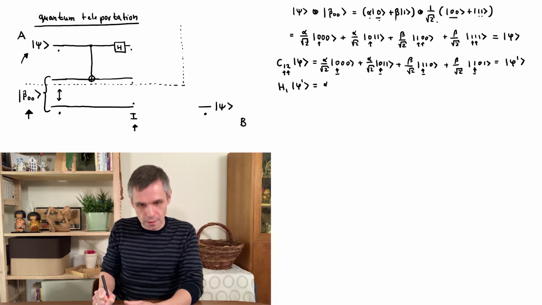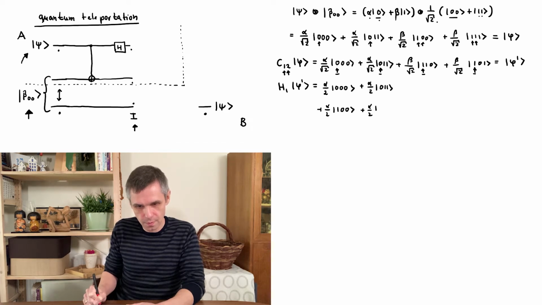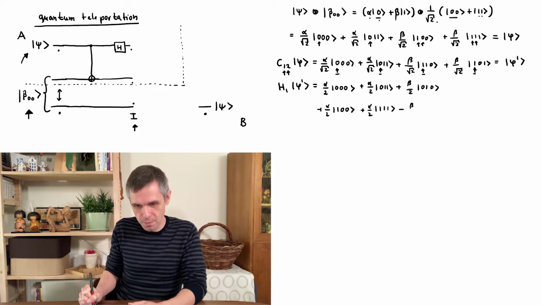There's always a factor of 1 over root 2 involved in this. So we, for instance, obtain these two states here just from the even superposition. And here we obtain similar states from the odd superpositions.